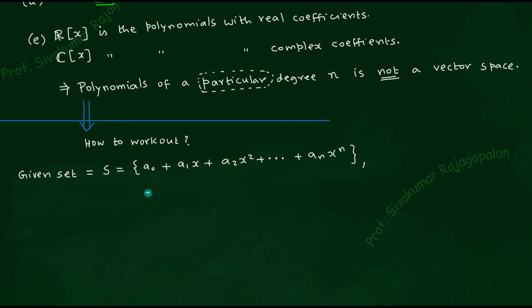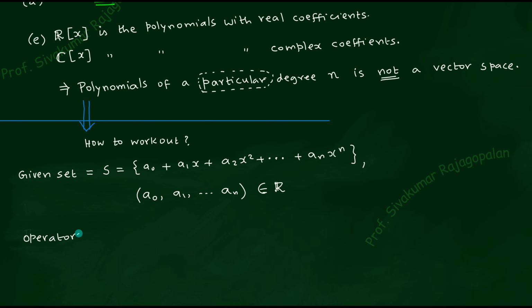Whether you fix the number or not, it's okay. But you should also tell what these a0 etc. are. They all belong to the real number set. You can also consider the complex number set, but you will get the same answer. Real number set is the easier one, so let us consider that.